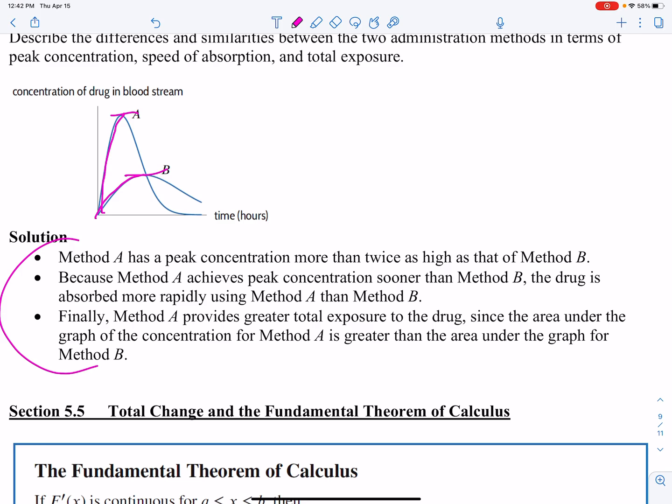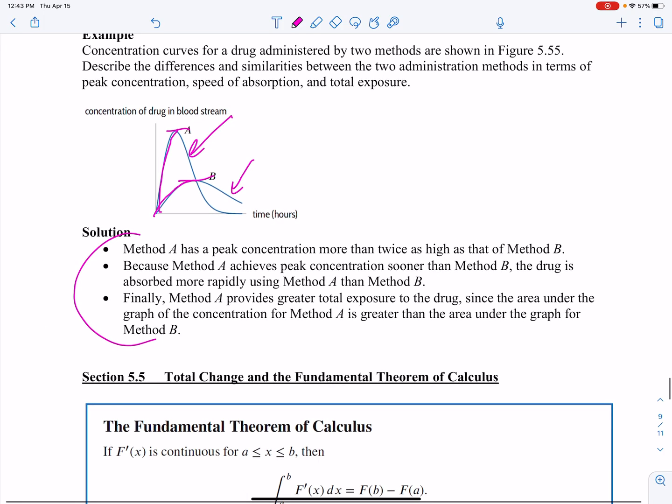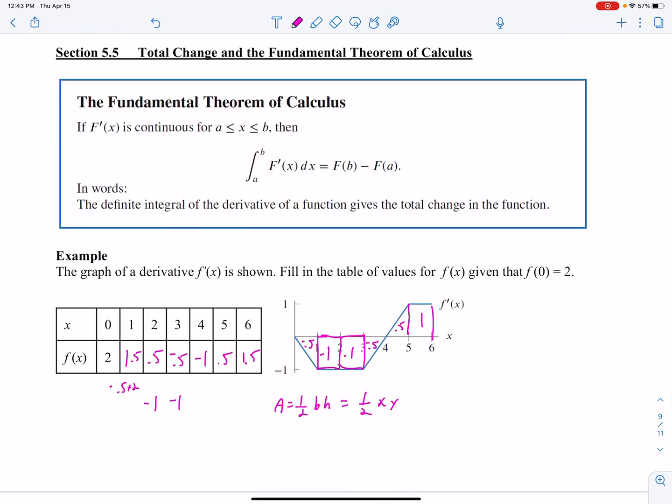Finally, method A provides greater total exposure to the drug since the area under the graph of the concentration for method A is greater than the area under the graph for method B. And that would be something if you had specific functions, specific equations for these graphs, you'd be able to calculate on your calculator. Okay? All right, so just some differences there.